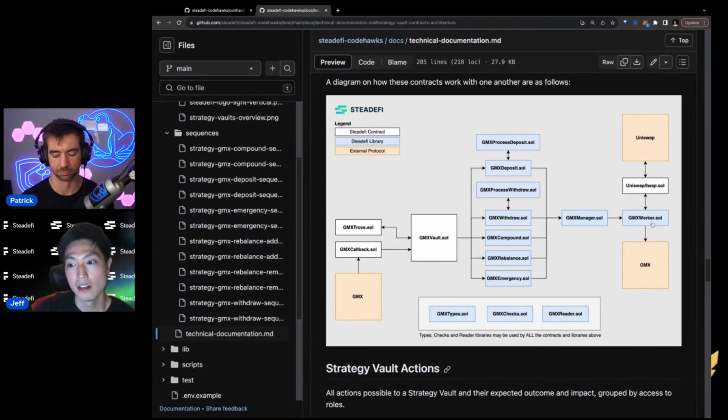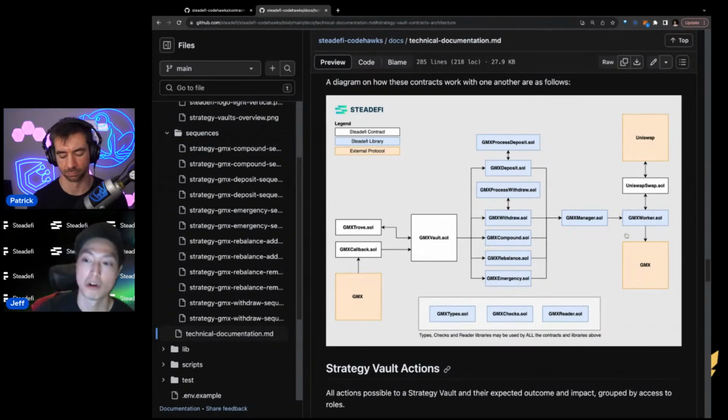So today, we might be creating a strategy into GMX, but tomorrow we might be creating a strategy into some other protocol, and that other protocol would have very protocol specific functions for adding liquidity, removing liquidity, and so forth. We would have to code those functions differently for that protocol, and that's what the worker contract is really responsible for. So it's a protocol specific function for doing things like adding liquidity or removing liquidity.